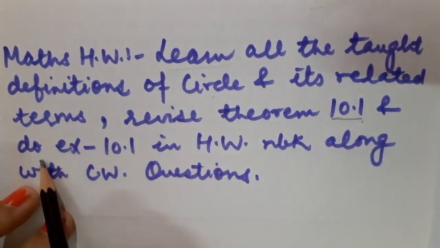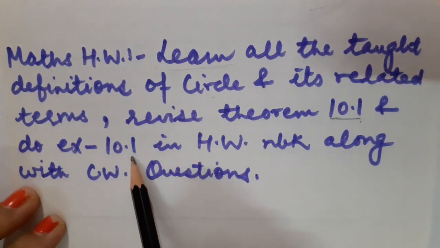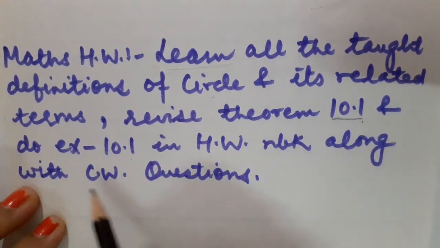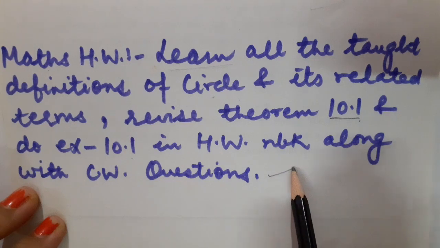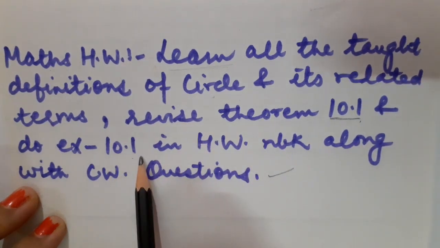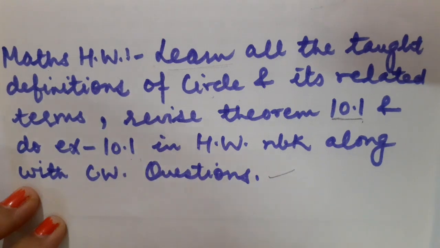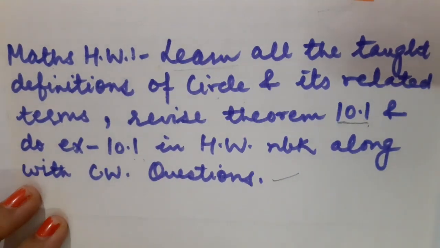And along with it, children, you have to do exercise 10.1 in the homework notebook along with the classwork questions. Very simple questions are given. Even filling the blanks are also there. So those filling the blanks you are supposed to do in the homework notebook only. Do not do them in the book. Fine, children? So that's it for the day.